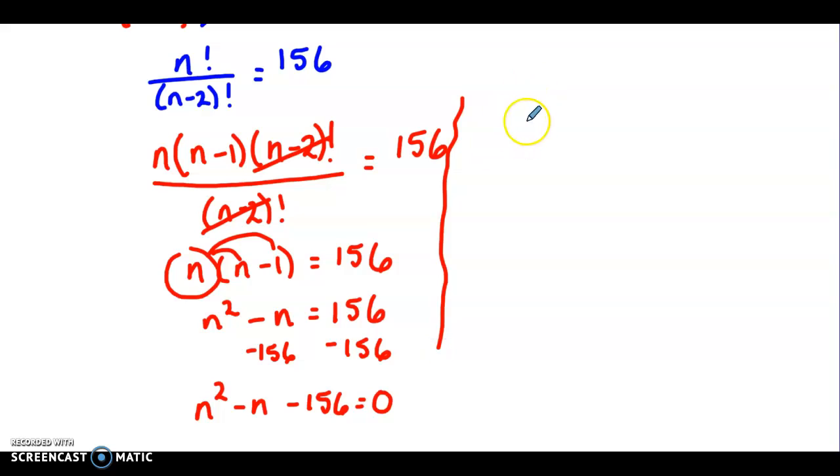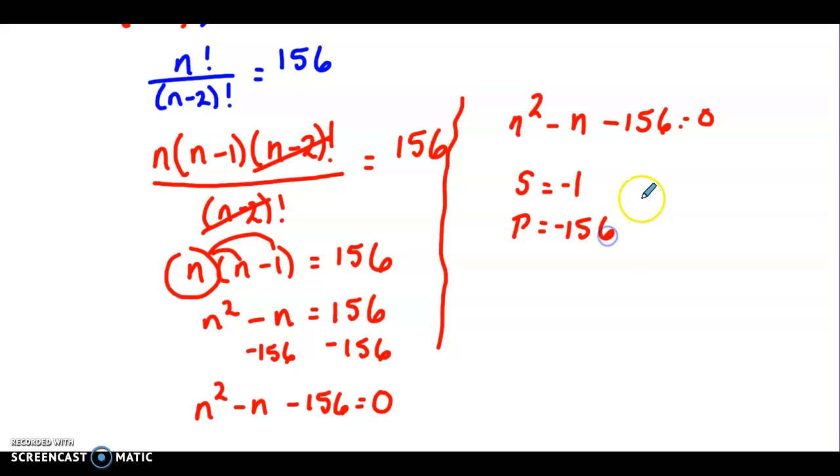To finish solving, we need to factor or solve this quadratic equation where we have a sum of negative 1 and a product of negative 156.